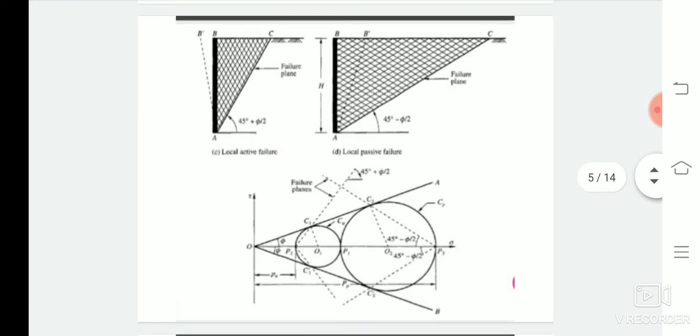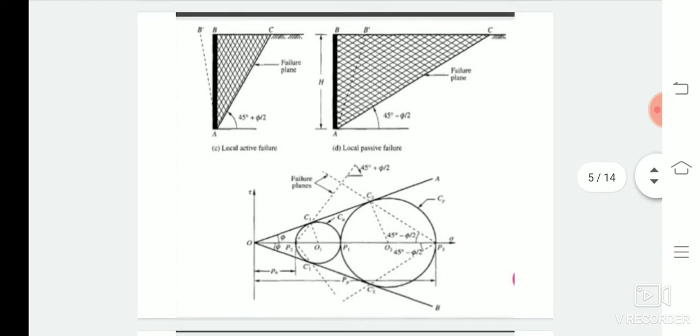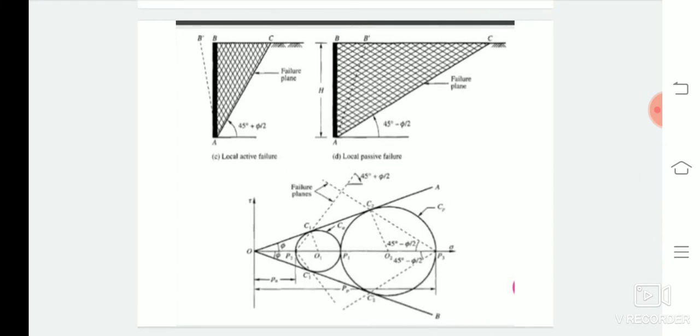Here the figure shows the active and the passive state of plastic equilibrium in a non-cohesive soil with a horizontal ground surface. In the active case, the major principal stress sigma 1 is vertical and the minor principal stress sigma 3 is horizontal, as we have discussed previously.